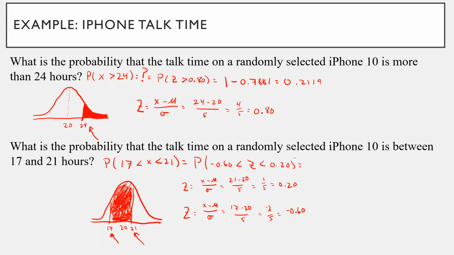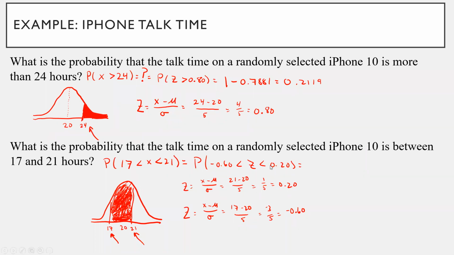Do 1 minus? No, 1 minus is for area to the right. Yeah. You have to subtract something, but what do I have to subtract? What do I have to look up first? You have to look up their areas first, and then you subtract. So you always have to look up the areas, okay?